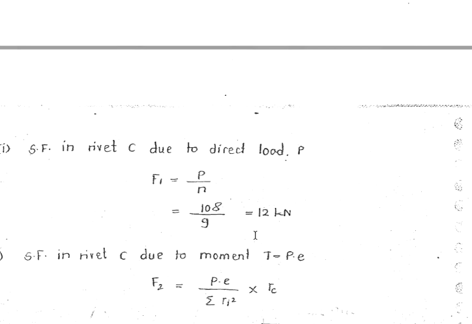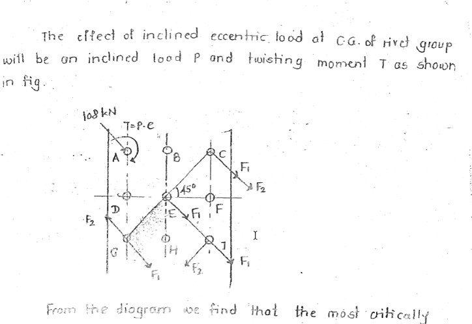Now in this case, in addition to the direct force, some rotation is also being applied. So the torsion has to be resisted by the combination of the forces registered by different bolts or rivets.